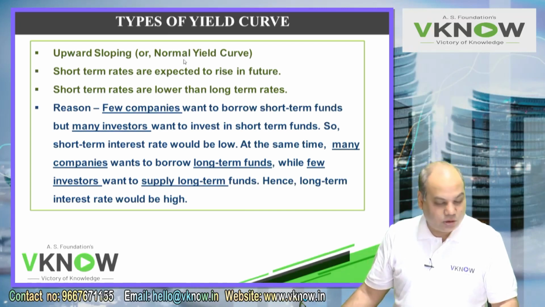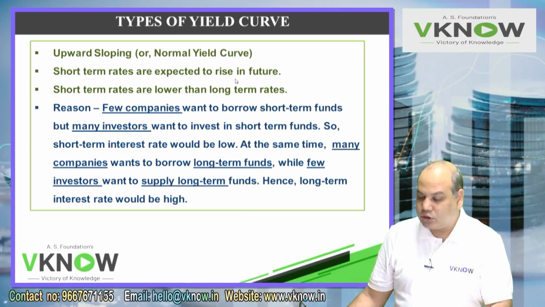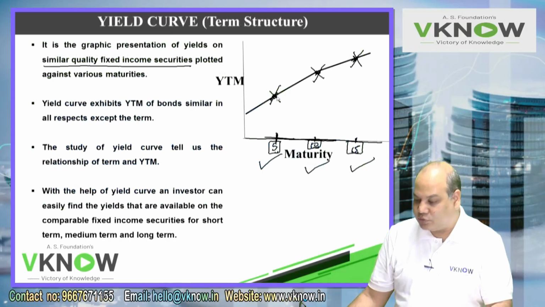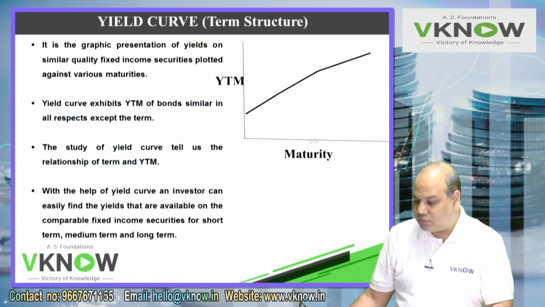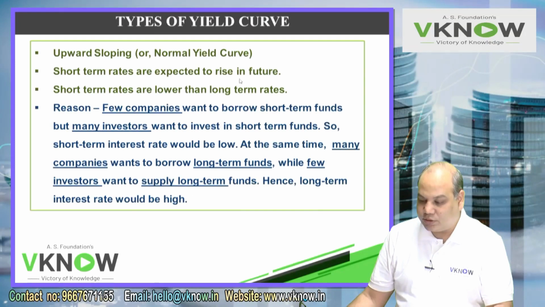Here the short term rates are expected to rise in future. Can you see that? As the maturity increases, the YTM is also high. That means the rates of interest are expected to rise with the increase in maturity.